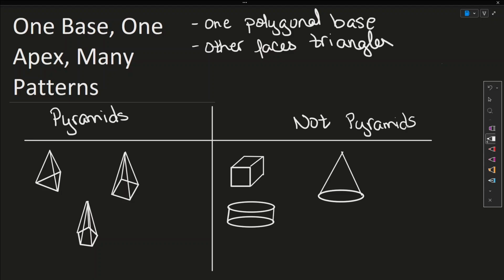And all the triangles meet at a single point. This top point is often called the apex. So a good definition is that a pyramid is a three-dimensional solid with one polygonal base and triangular faces that meet at a single vertex called the apex.